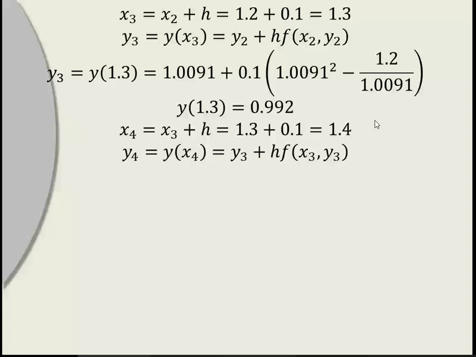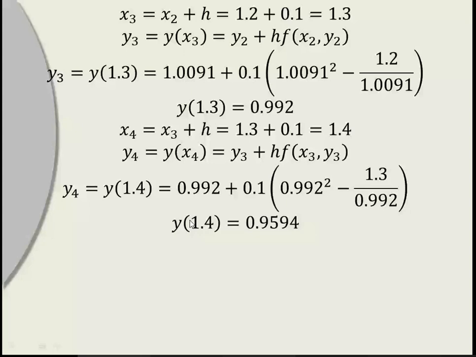x4 will be 1.4 and y4 will be y3 plus h into f of x3, y3. And then put x3, y3 into that function and simplify it. That gives us y4. So y4, that is y at 1.4, is 0.9594. But we want 1.5, so one more iteration we have to do.